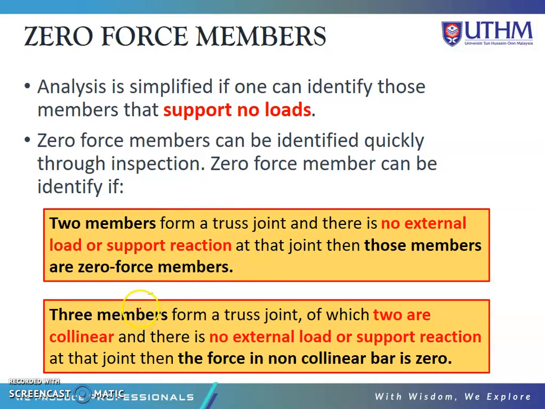The second is when three members form a truss joint, two are collinear, and there is no external load and support at the joint, and the force in the non-collinear bar will become a zero force member. Alright, that's all for the zero force member. Maybe I will give some examples in the next video. Hope you guys can understand how to determine the zero force member in this video. Assalamualaikum, thank you.